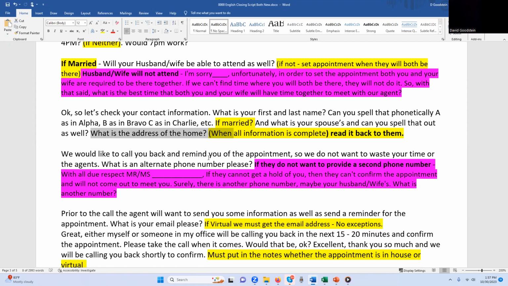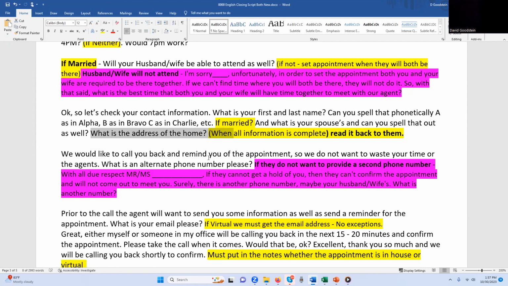If we don't, it's not the end of the world, but for every one we don't get, that's a 25% chance that the appointment is not going to sit because they're not serious. And the same is true for email. So if you can't get the email, you can't get the secondary phone number, you can't get the wife or husband's name, that's 25% each.